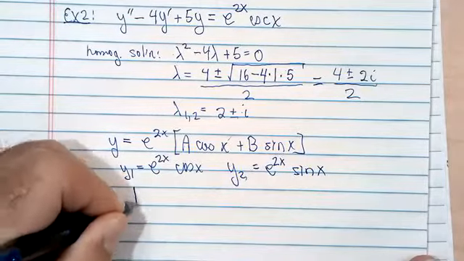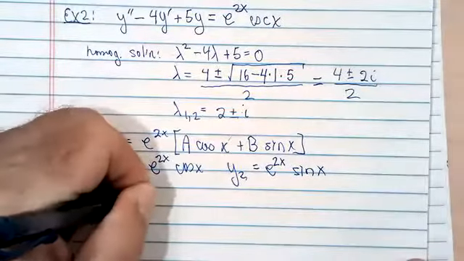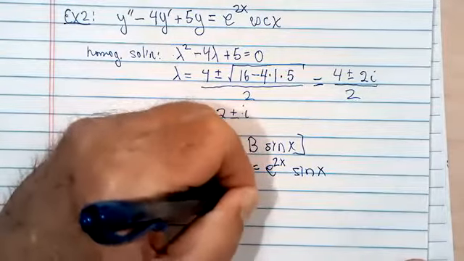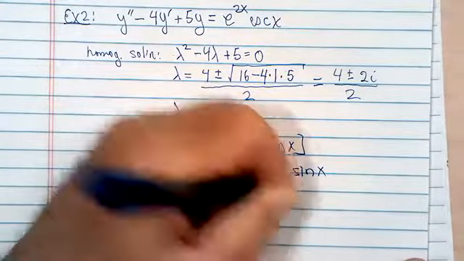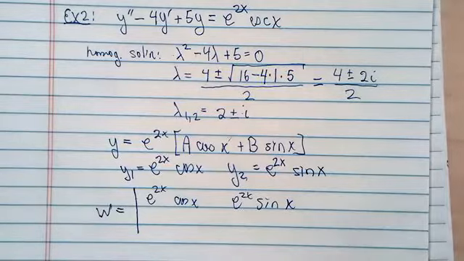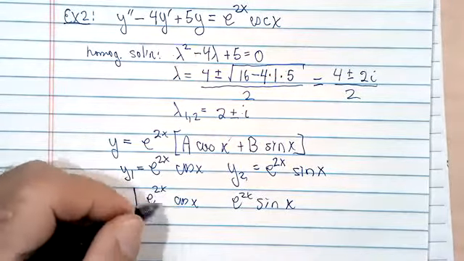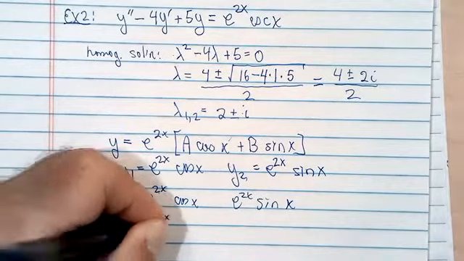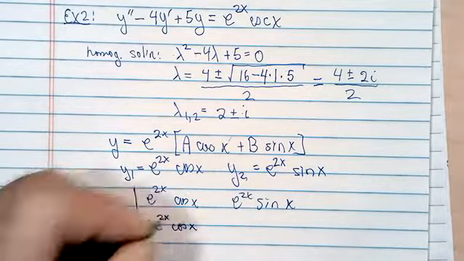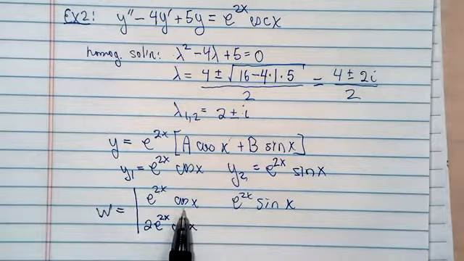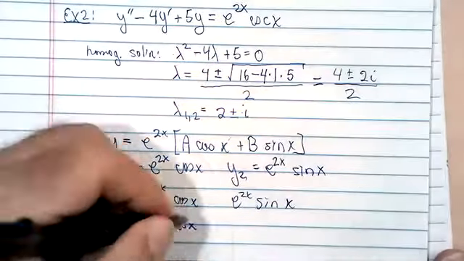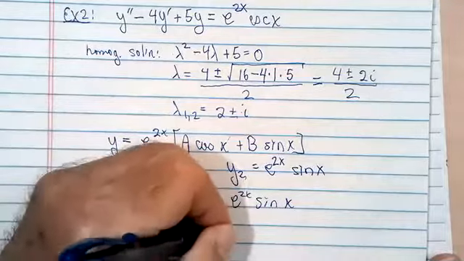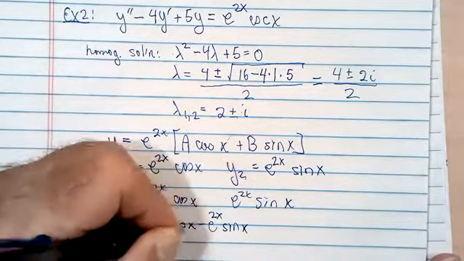Now the Wronskian, W. Well, e to the 2x cosine x, e to the 2x sine x. And now we're going to take derivatives. All right, derivative of e to the 2x is 2 e to the 2x times cosine. And then when I take the derivative on cosine, I get minus sine, so that's minus e to the 2x sine of x.